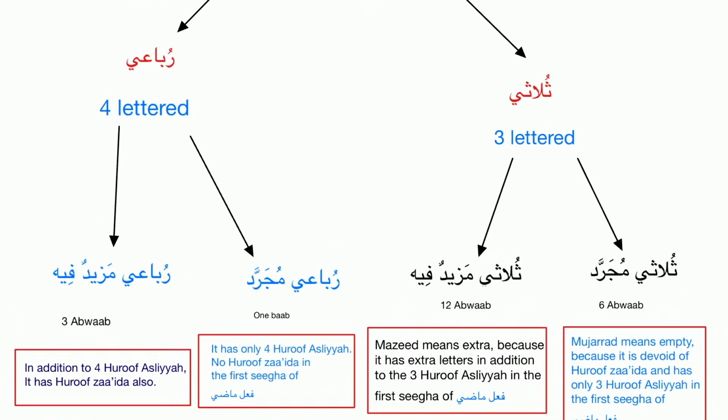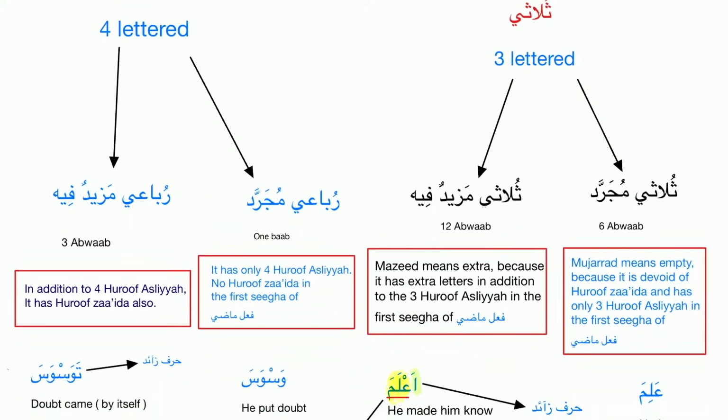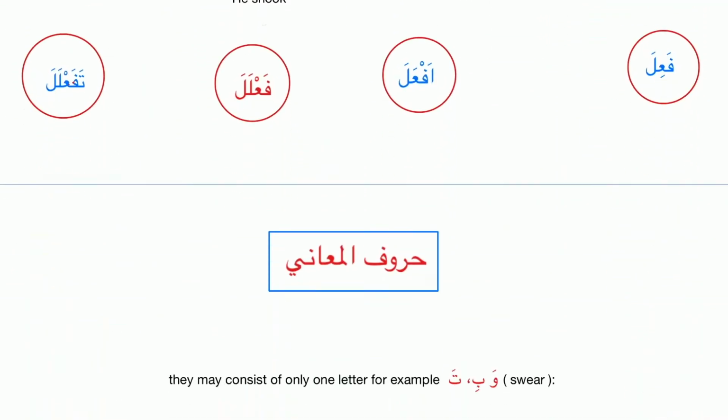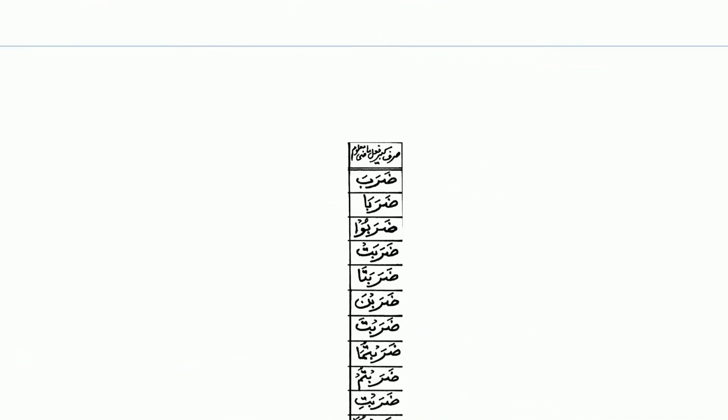If a fi'l has 4 huruf asliya and no huruf zaida, so this will be called what? Rubai mujarrad. And if it has 4 huruf asliya and some extra letters also, that will be called rubai mazid, rubai mazidun fih. Okay? So now there is a little bit of explanation to it so that you understand it very well. But you have to pay attention.